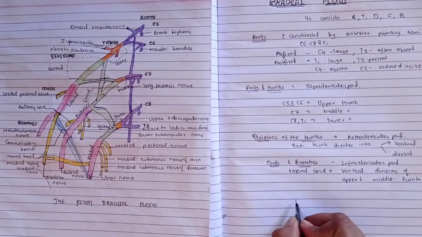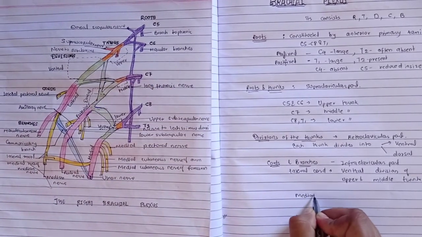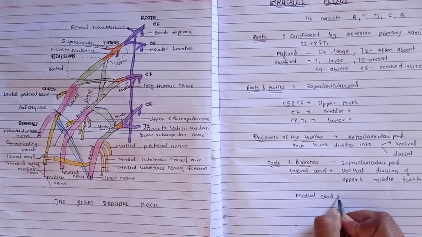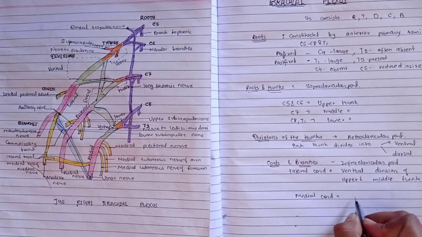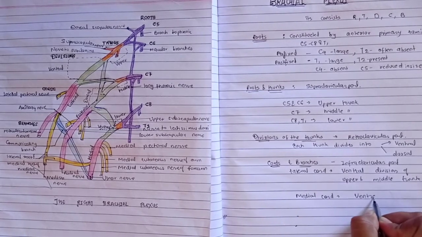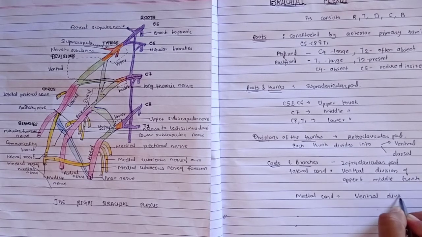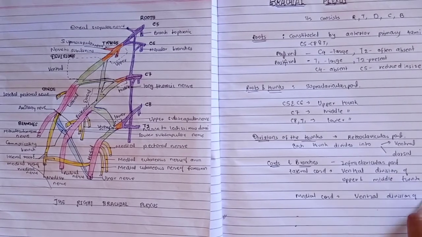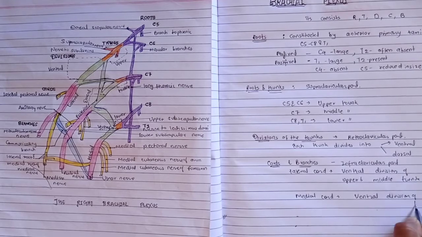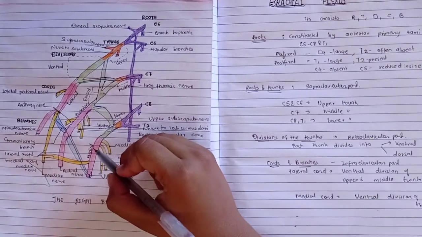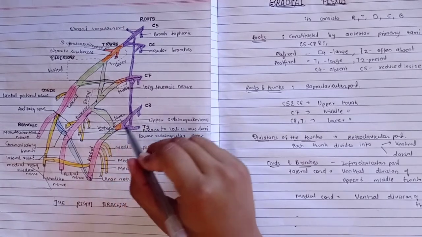The second is the medial cord, which is formed by the ventral division of the lower trunk.